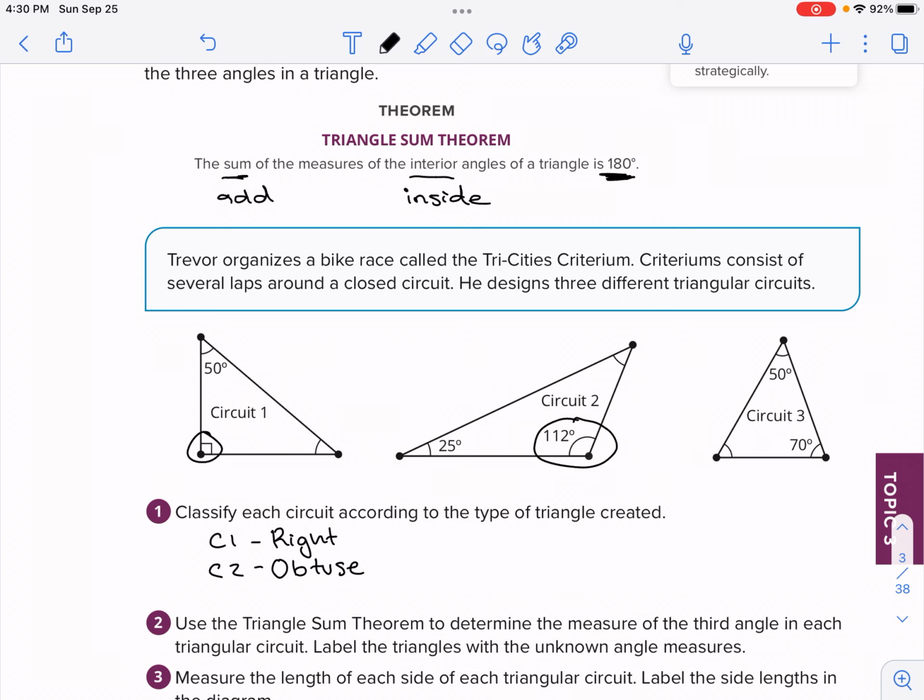So a right angle is equal to 90 degrees, and obtuse is greater than 90 degrees. The last one, each one of these angles here is less than 90, and we call that acute. So this should be fairly familiar. Every angle, at least for this one, is less than 90 degrees.